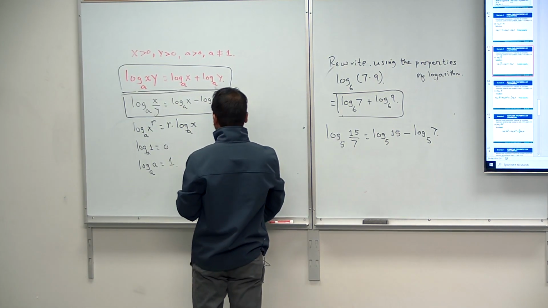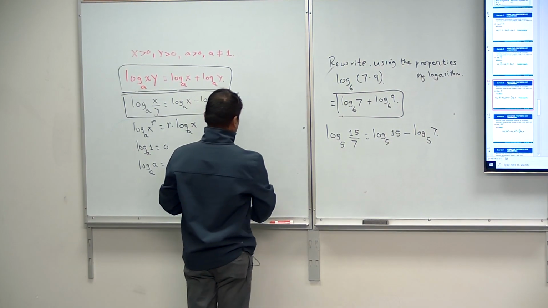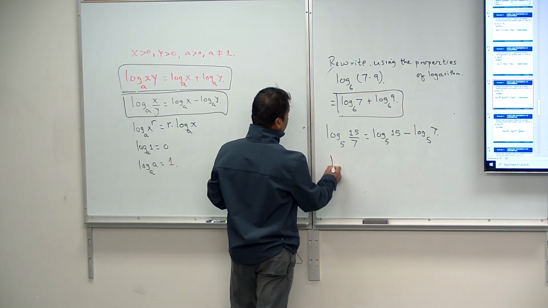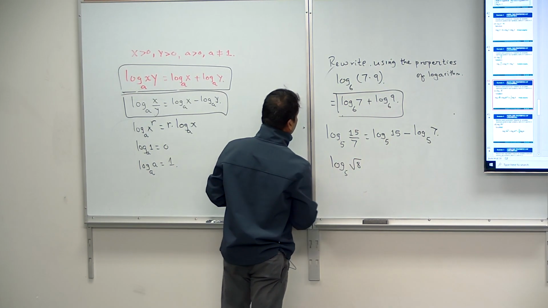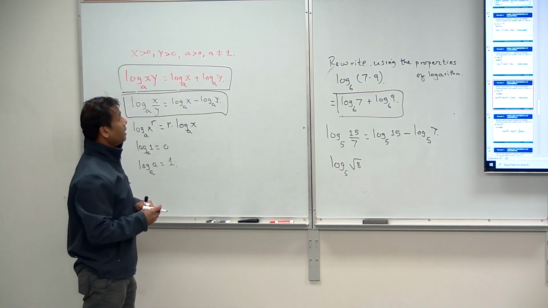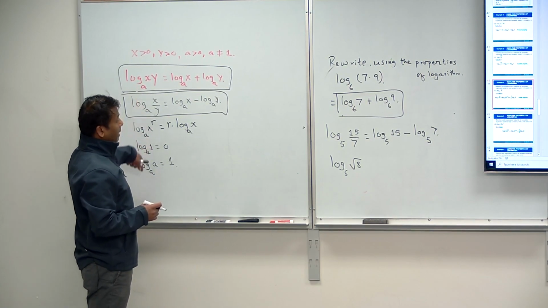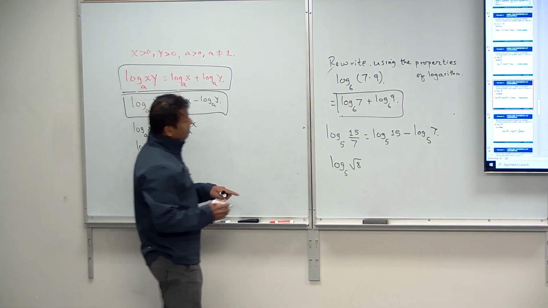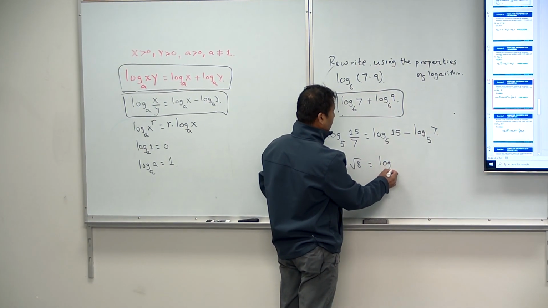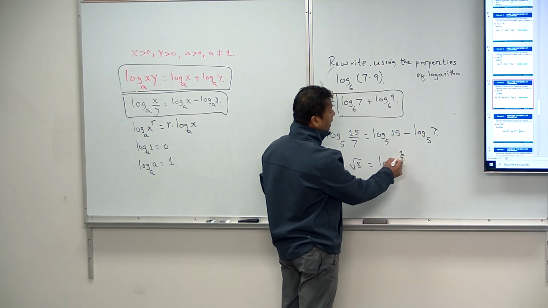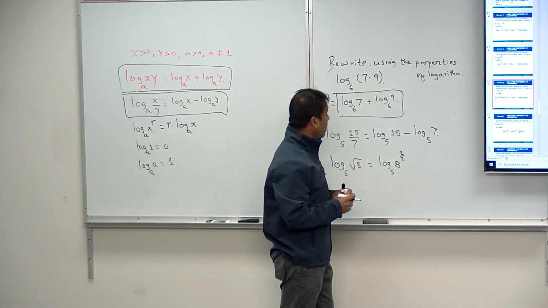And then the next one is, if you want to rewrite logarithm with base 5 of the square root of 8 using the properties of logarithm, you remember this is the same as logarithm with base 5 of 8 raised to the power 1/2. The square root of 8 is the same as 8 raised to the power 1/2.